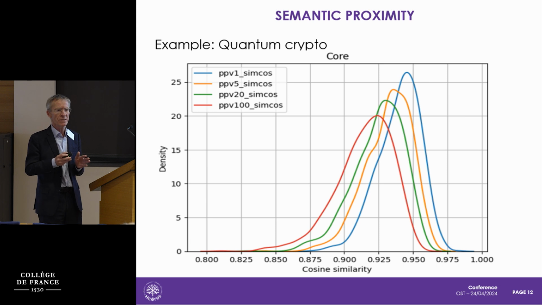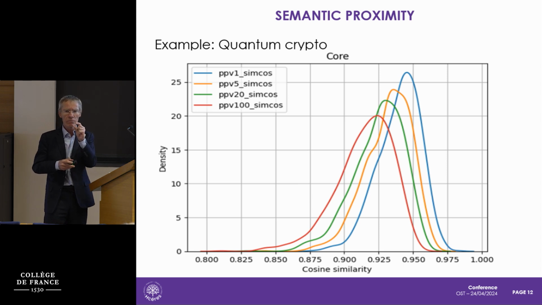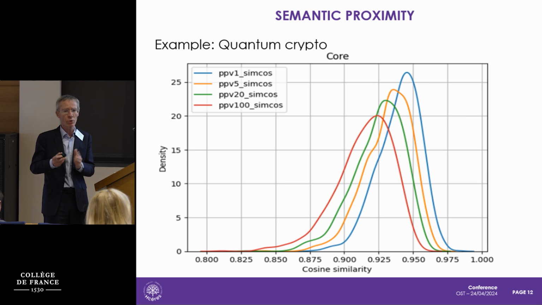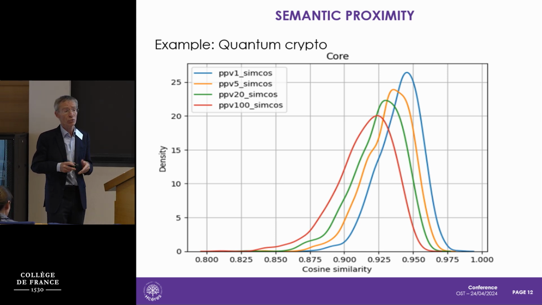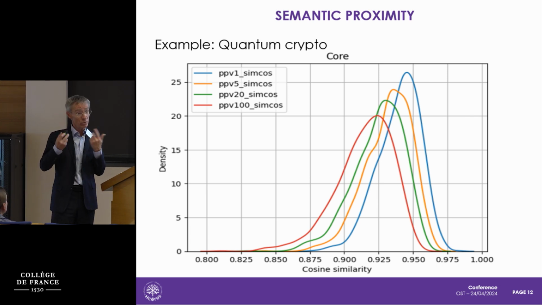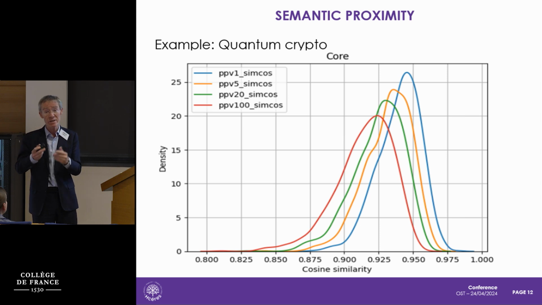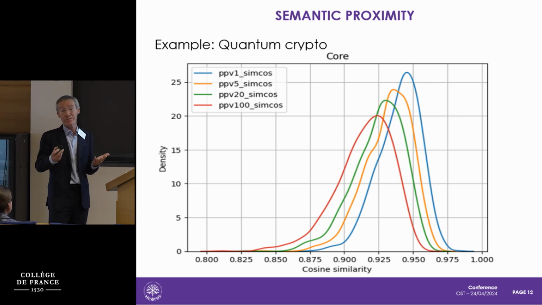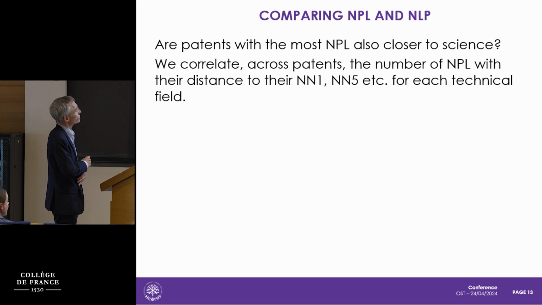So its ability to discriminate relatively close documents is, of course, a bit less powerful. That said, looking at documents, we have no reason to think that it is distorting the relations. It's just that when we have small distances, we should keep in mind that it can still be, when you go to the text, quite different inventions.